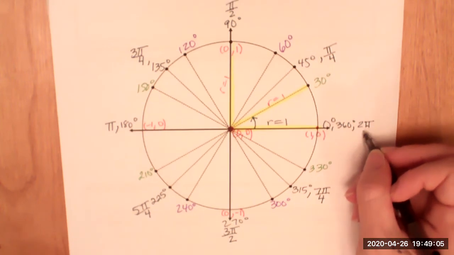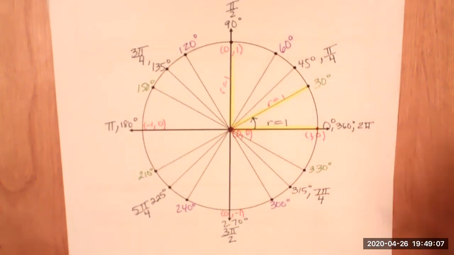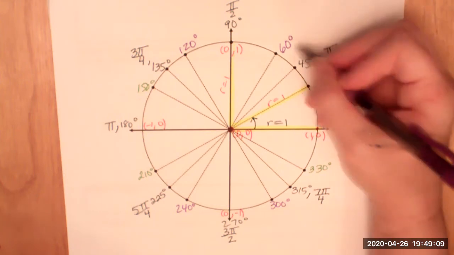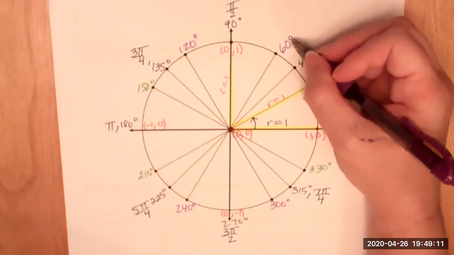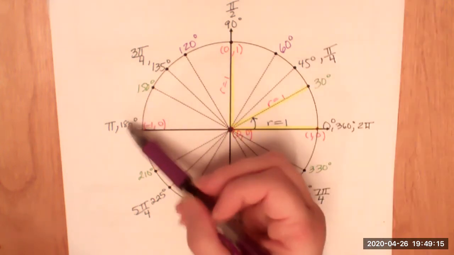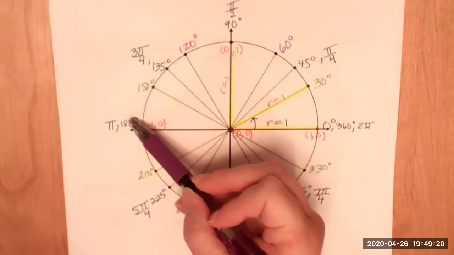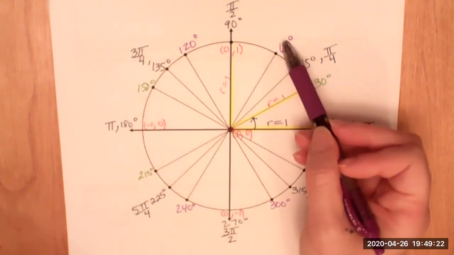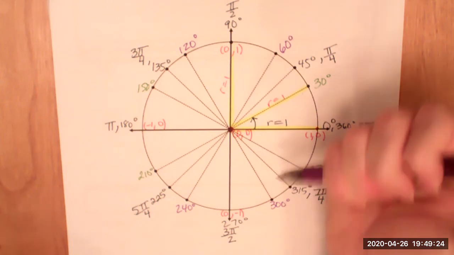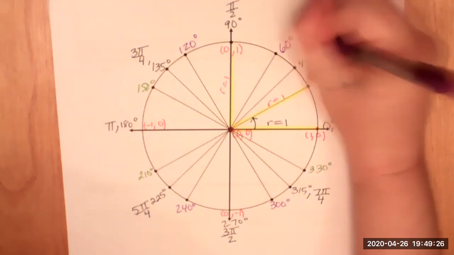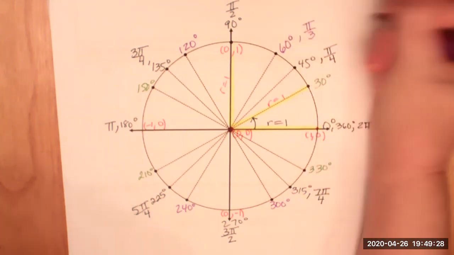Now we're going to do the same thing with multiples of 60 degrees. We already saw that, and this is logical, right? That 60 is 1/3 of 180, so it's also going to be 1/3 of pi. And so 60 degrees is equivalent to 1/3 of pi, or pi over 3.